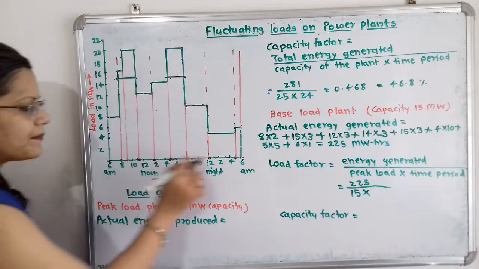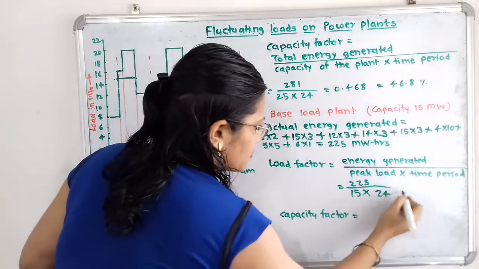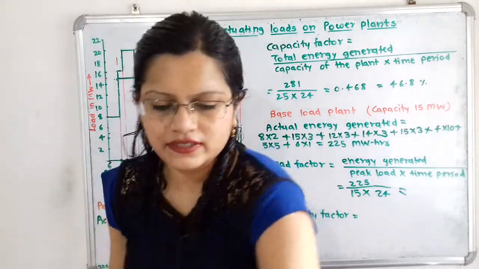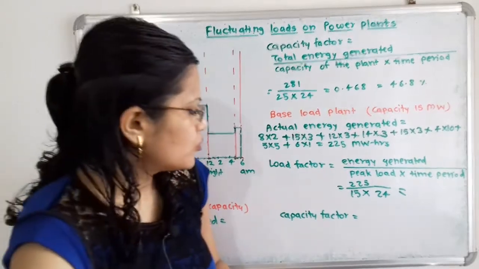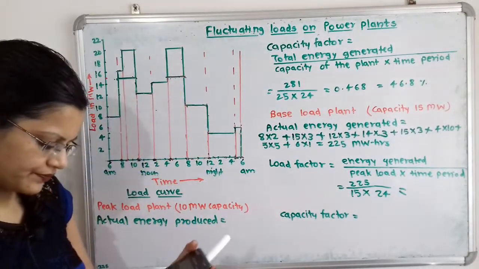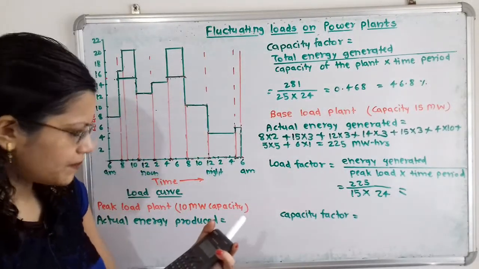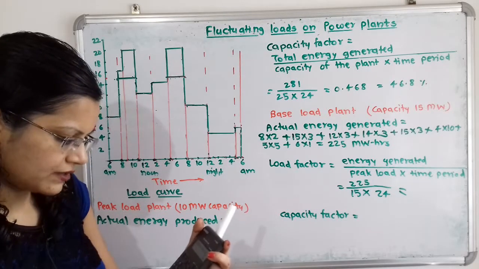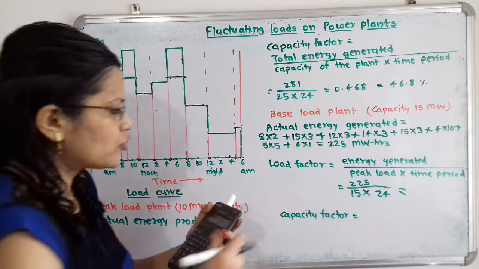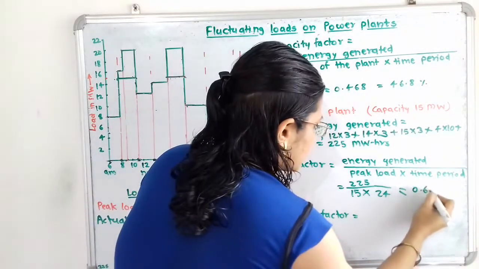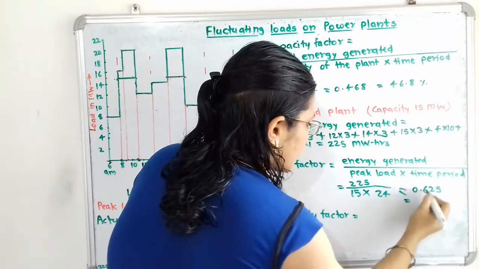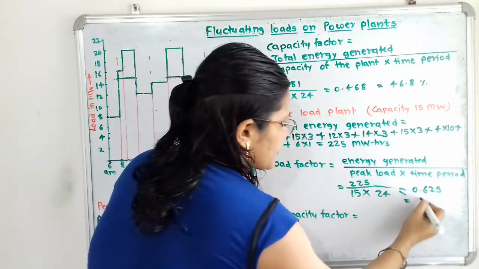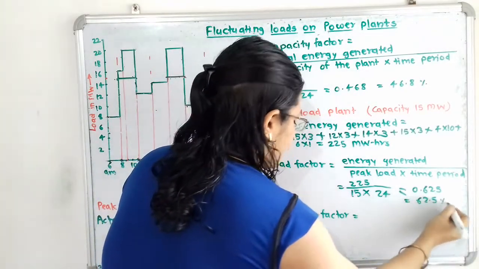We know that time period is 24 hours. So we will calculate 225 divided by, in the bracket, 15 multiplied by 24, bracket complete. So answer is 0.625. We will convert this into percentage, that is 62.5%.